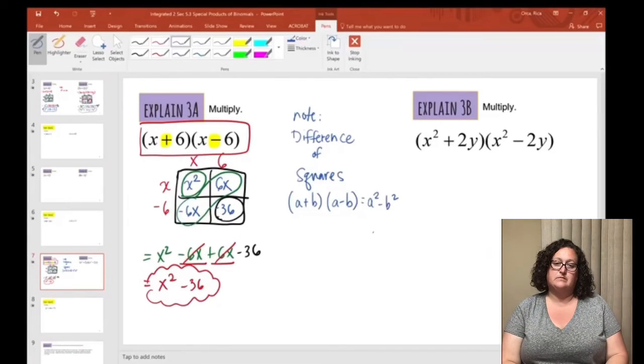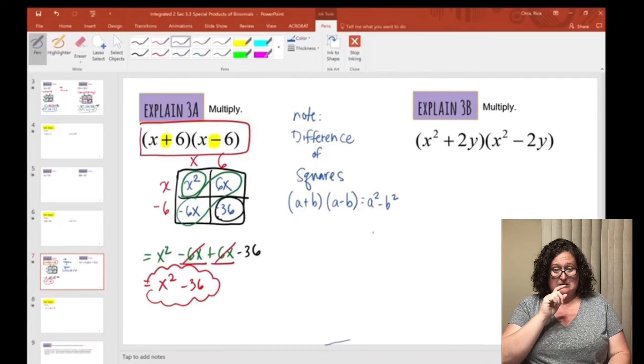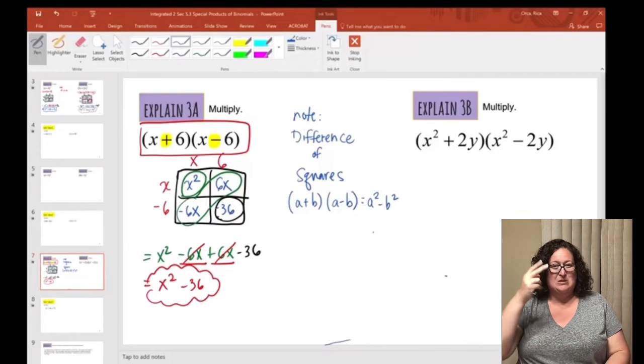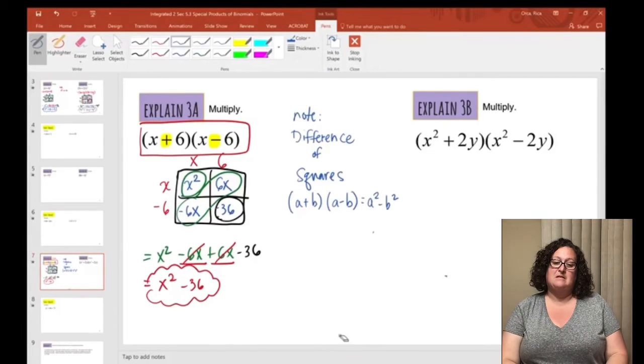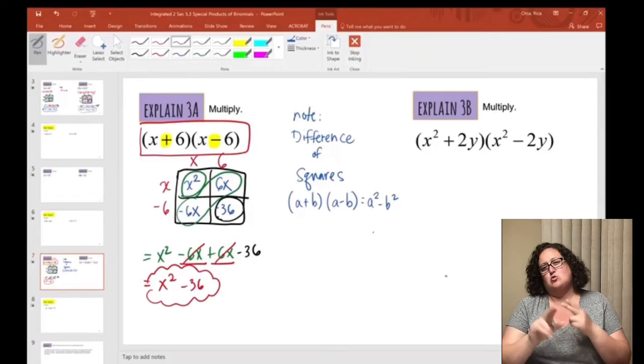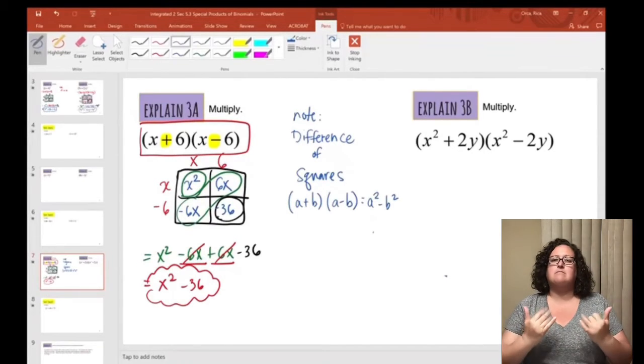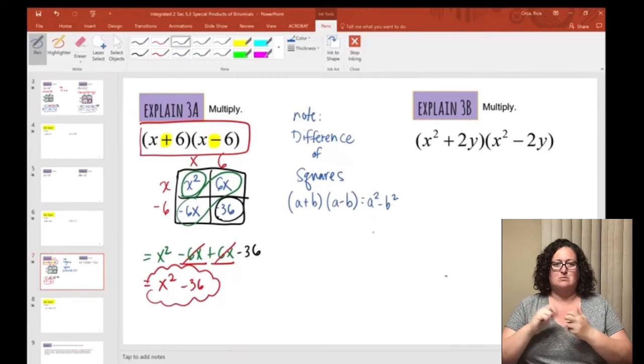So in this case, a would be x, and b would be the 6, and 6 squared is 36. That's just a little shortcut. If you don't want to use it, that's completely fine. Now class, let's move on to our last problem.